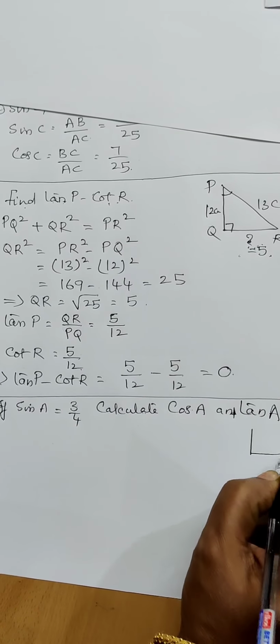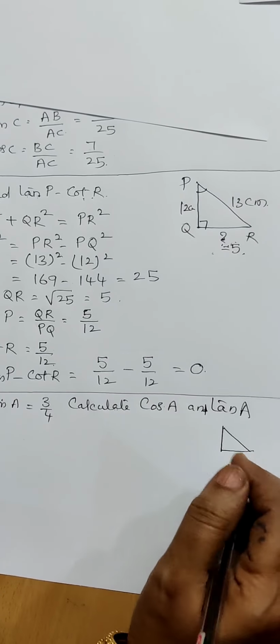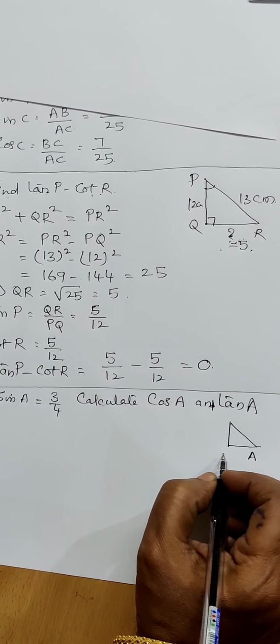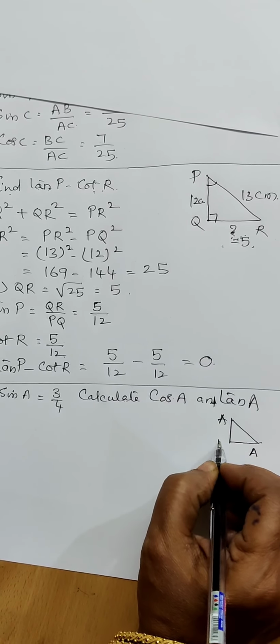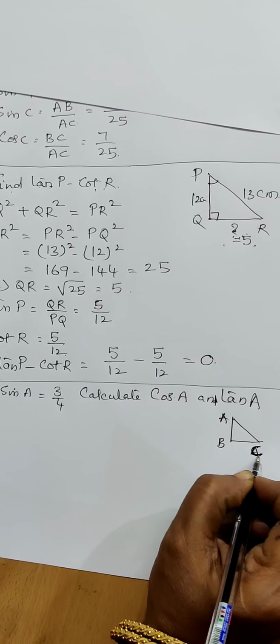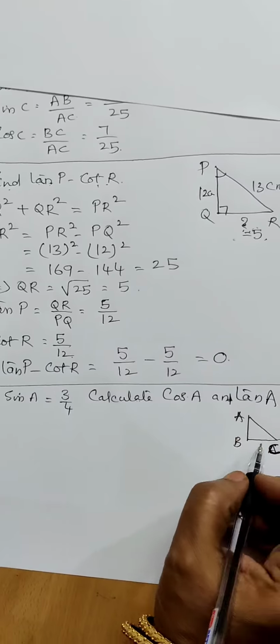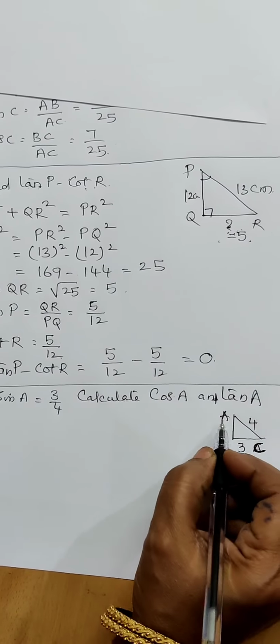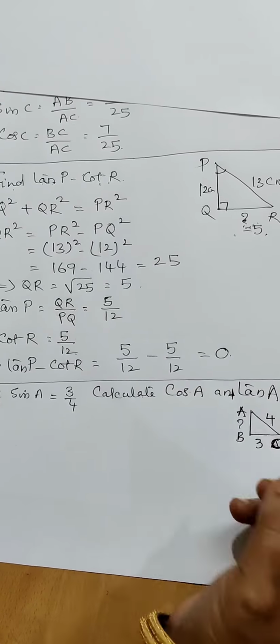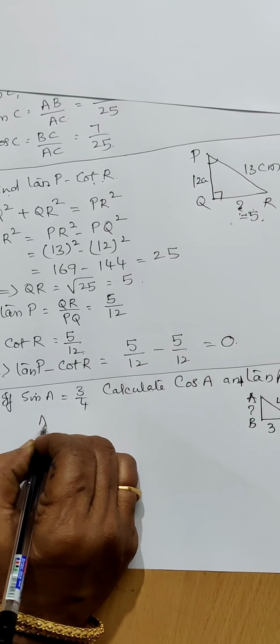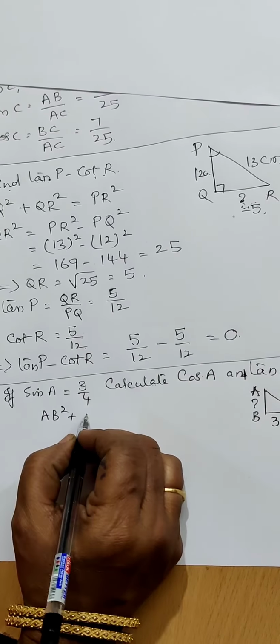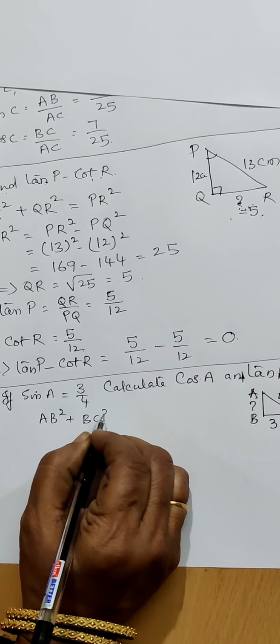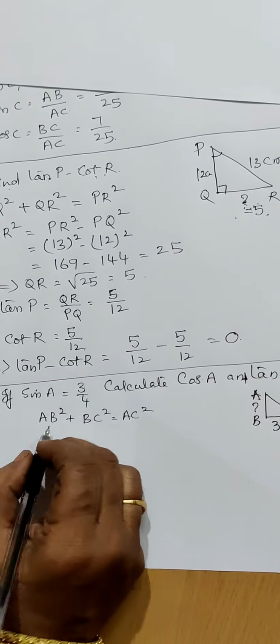See, first you draw the triangle A, B, C. Sin A 3 by 4 means 3 opposite, 4 hypotenuse. AB question mark. So, according to Pythagoras theorem, same thing. AB square plus BC square is equal to AC square.